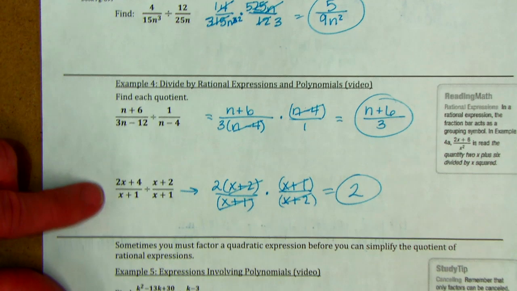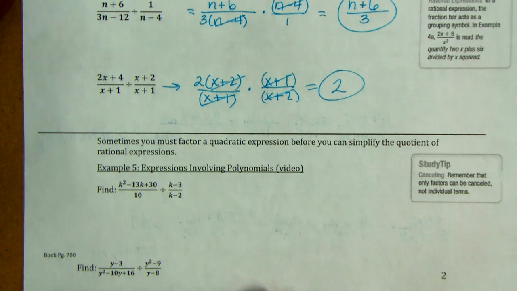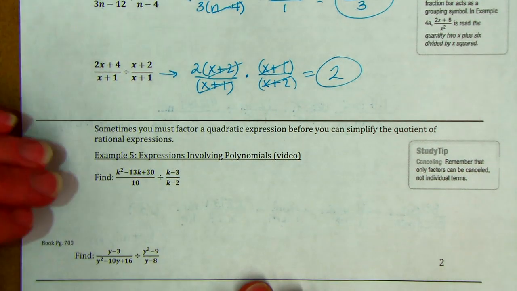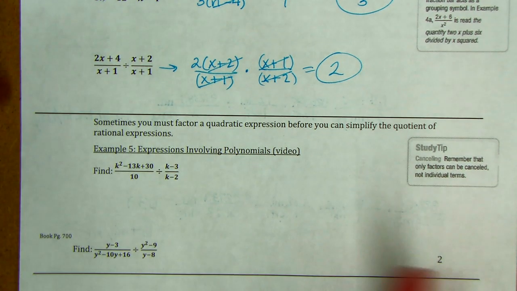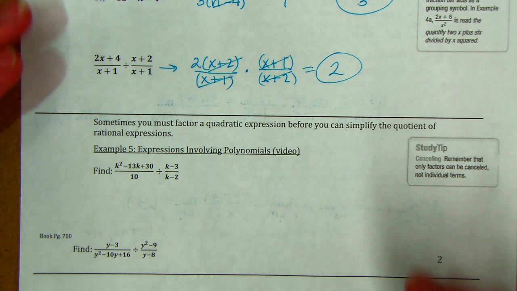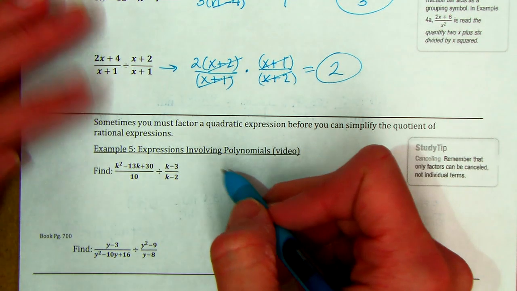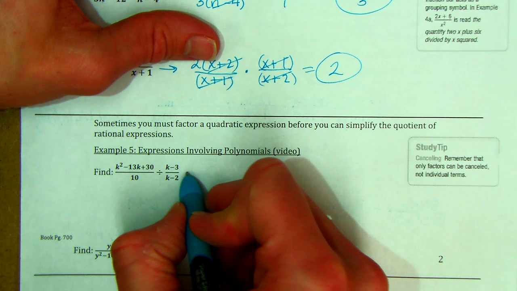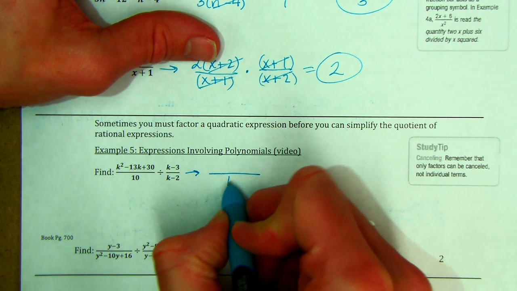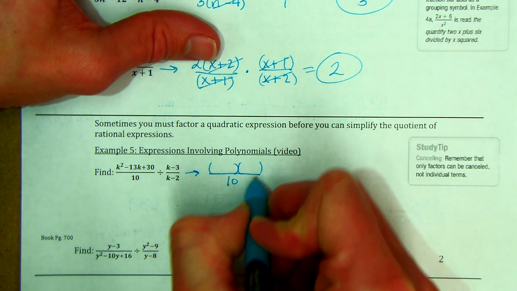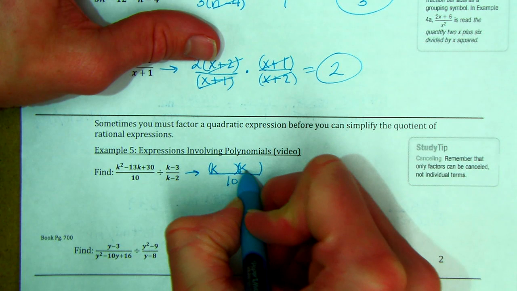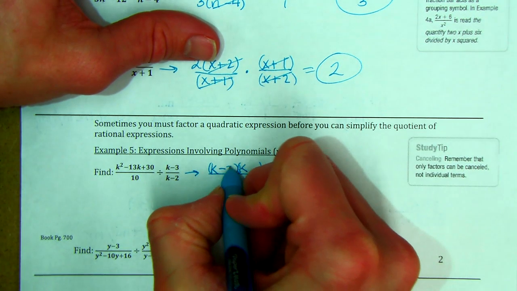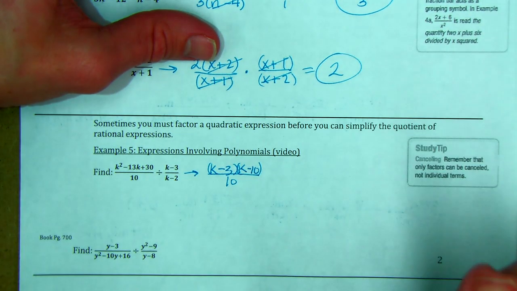Now we've got some trinomials. So we still have to remember to flip the second fraction, but we also have to factor everything down. So in that first one, the denominator doesn't change, but the numerator, if I factor it, becomes k minus 3 and k minus 10, but now I'm multiplying it by k minus 2 over k minus 3.